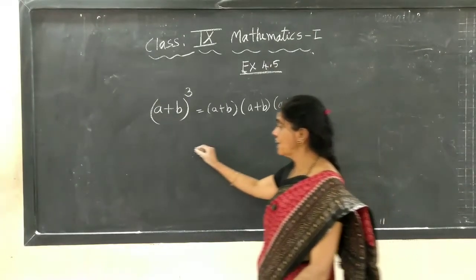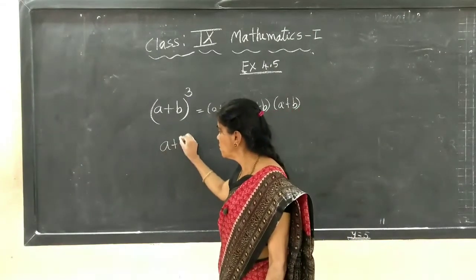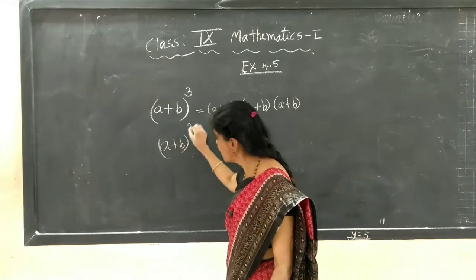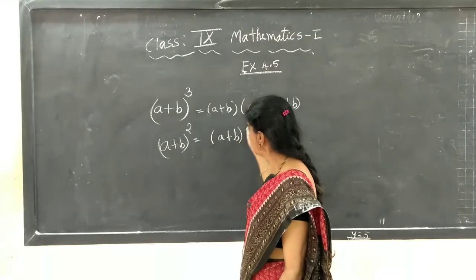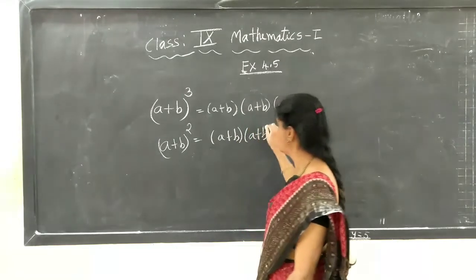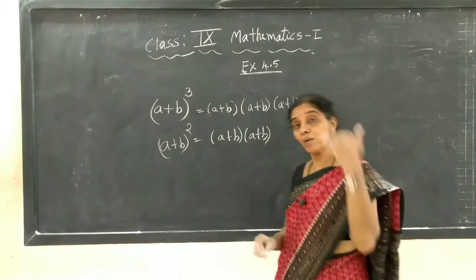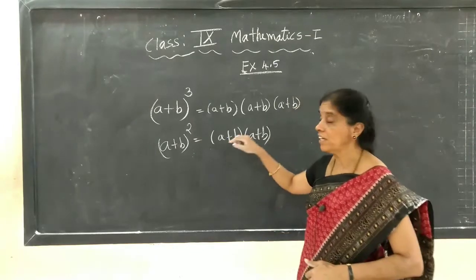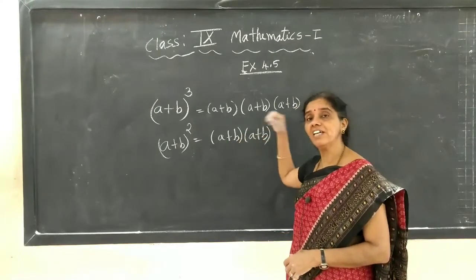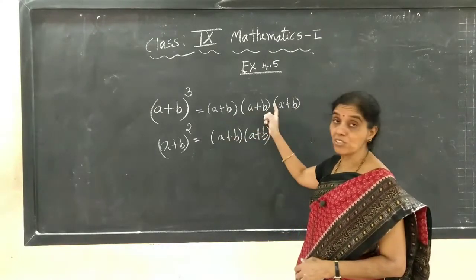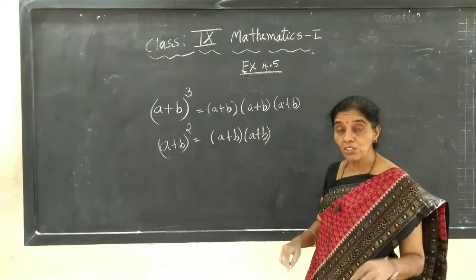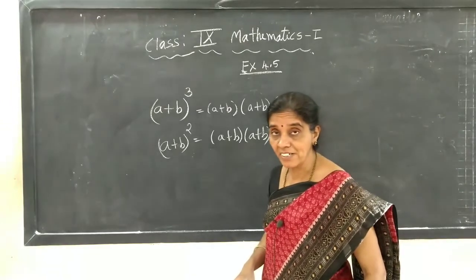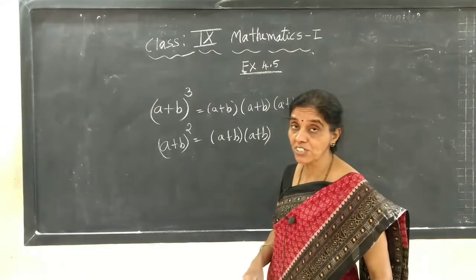You learned in 8th standard a plus b whole square, that is a plus b into a plus b, right? But here one more time we will multiply a plus b into a plus b again into a plus b. 3 times this binomial we continuously multiply. Then what is the answer we are getting? That is the new identity we have to study.